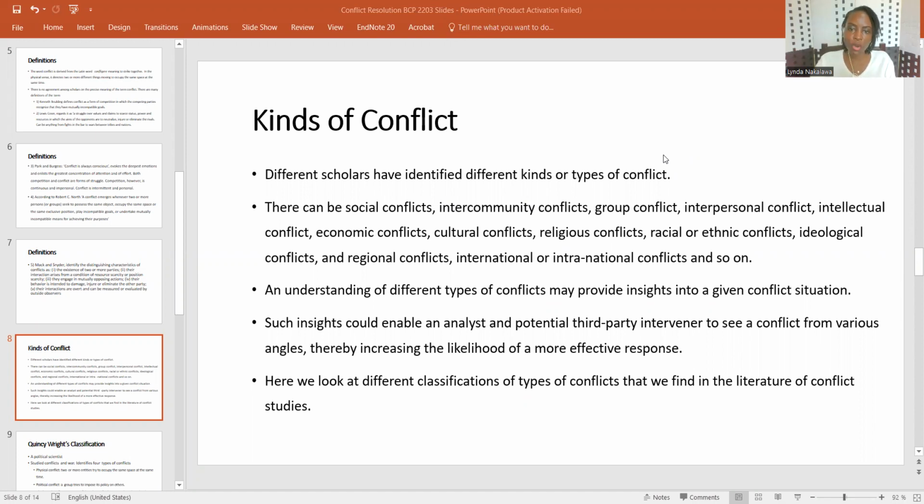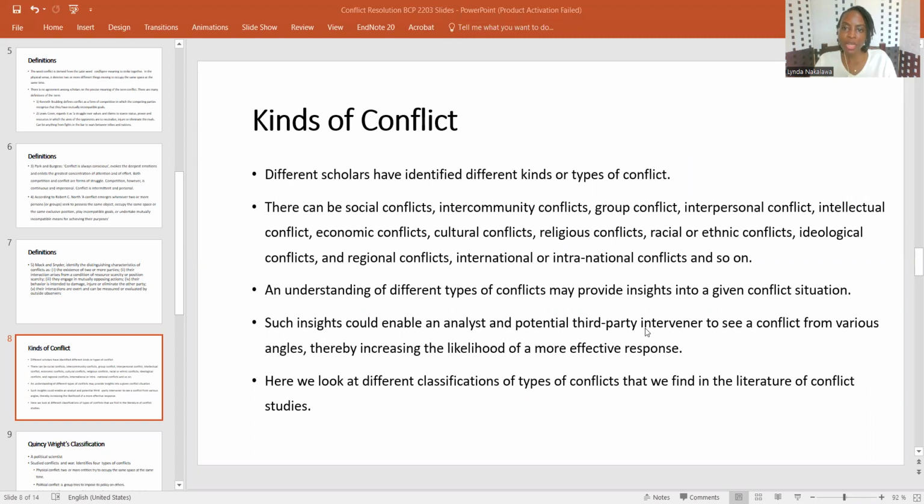They can be social, intercommunity, a whole list as you see there, and we are going to look at them in more detail. Like I've said, different scholars have classified conflicts differently. So we are going to look at the classifications showing the types of conflict from different scholars.